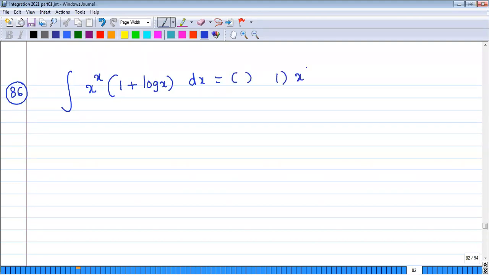First option x to the power of x log x plus c. Second, e power x plus c. Third one is x to the power of x plus c. Fourth option x to the power of x minus 1 plus c. Think about this problem.